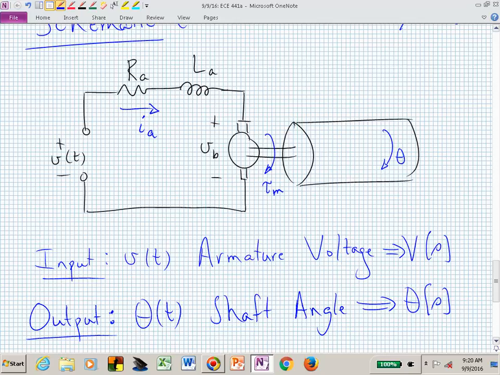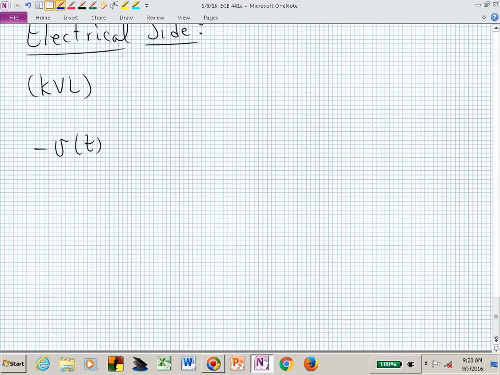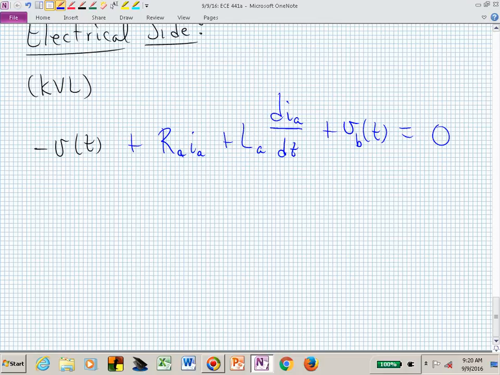And then we have plus V sub B, which is our dependent voltage source. That's our KVL. We have minus V of t plus R sub A, I sub A, plus L sub A, di sub A dt, plus V sub B, and now we're back to where we started.